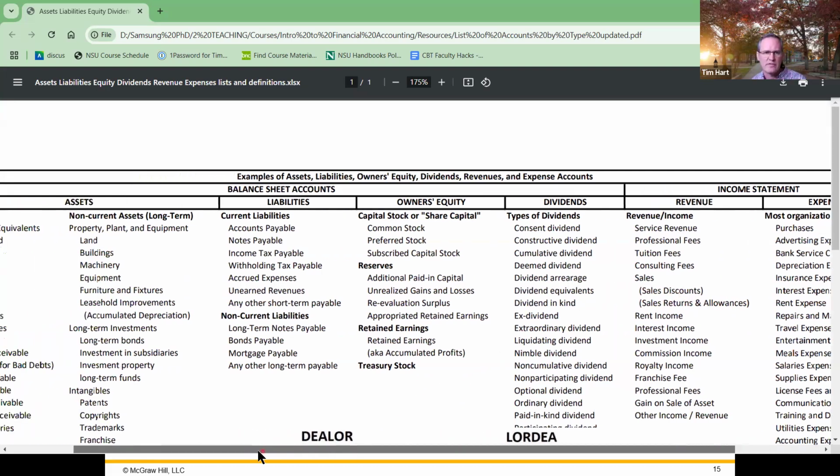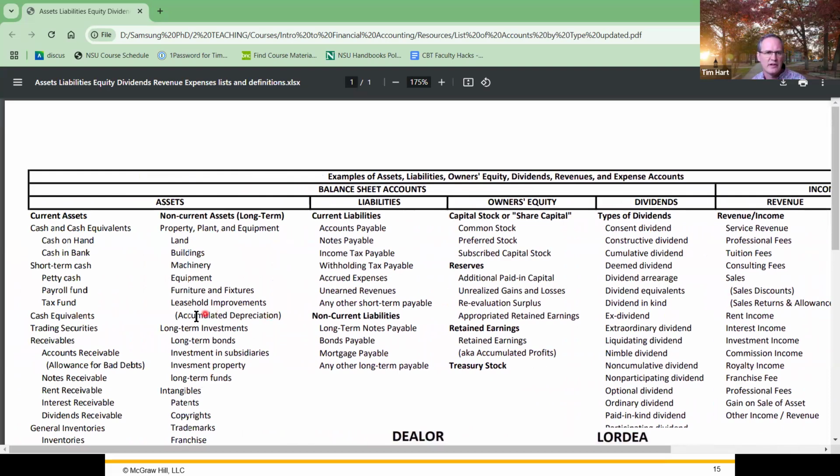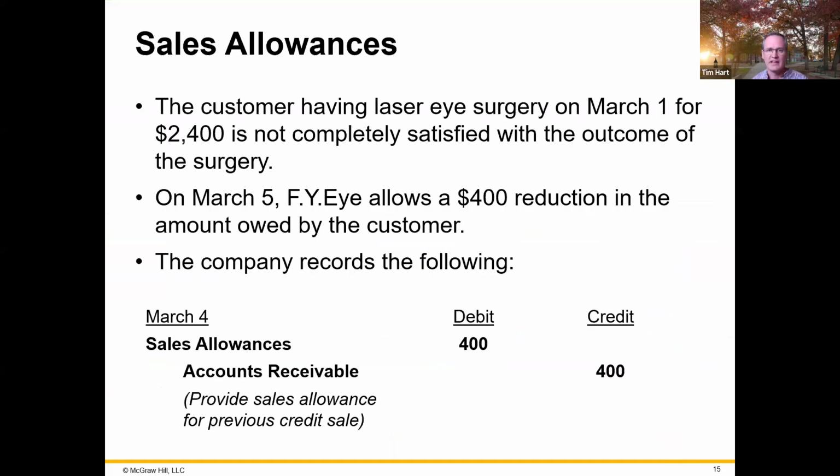And I see that same thing over here with accumulated depreciation and allowance for bad debts. So when you see those, be thinking contra accounts, that they're listed with the main category. Accounts receivable, allowance for bad debts, still listed with the asset, is a contra asset, right? It has the opposite normal balance for whatever the main account is.